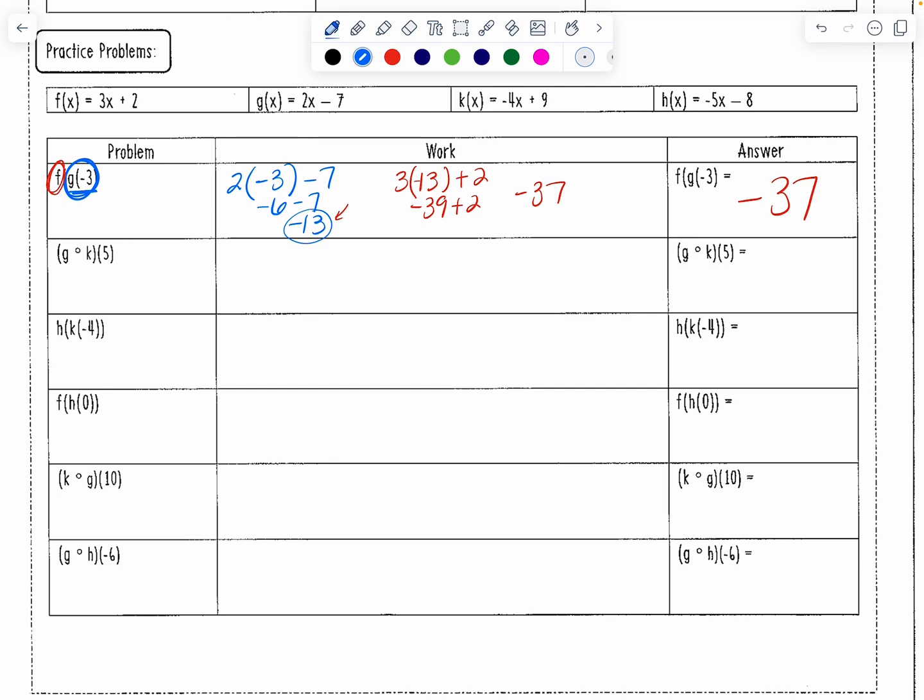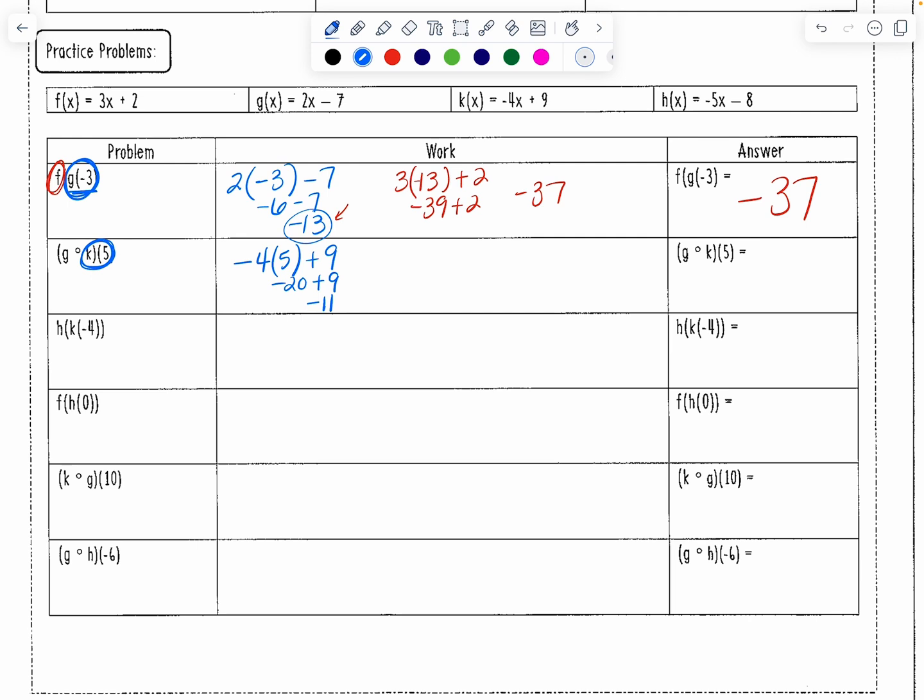Here we have g of k of 5. I'm going to start with the innermost, so I'm going to plug 5 into the k function. Up here at the top, my k function is negative 4x plus 9. Instead of x, I'm going to plug in my 5. So negative 4 times 5 plus 9, so negative 20 plus 9 gives me negative 11.